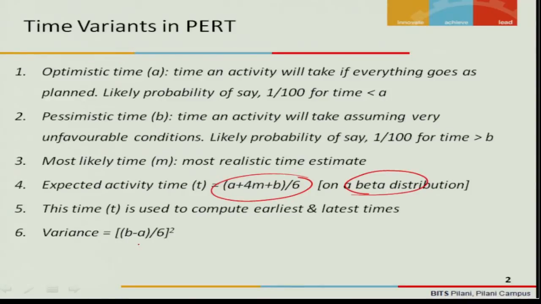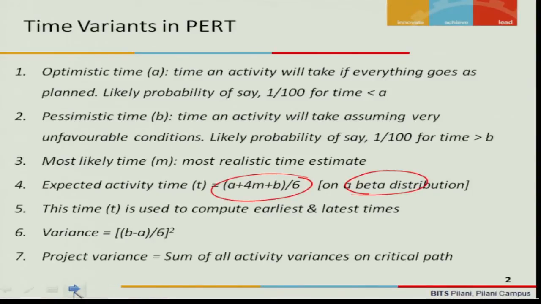B less A divided by 6 gives you the sigma, and the square of it is the variance. The project variance will be the sum of all activity variances on the critical path. We will understand how to use this project variance and the standard deviation.